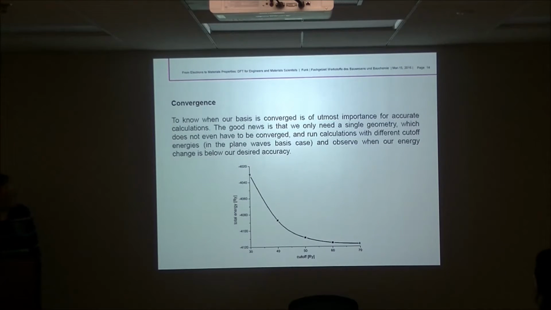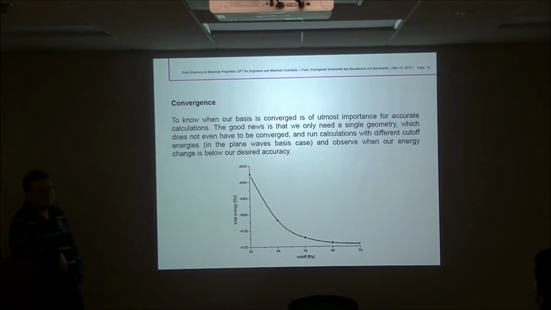And the last thing, convergence, I already told you. So you know, when is our cutoff sufficiently high, right? When are we converged? Well, first of all, it is very important to have this for accurate calculations. Because the funny thing is, when your basis is not converged and you say the SCF should be accurate to a microhartree, the SCF will be accurate within a microhartree when it's finished.